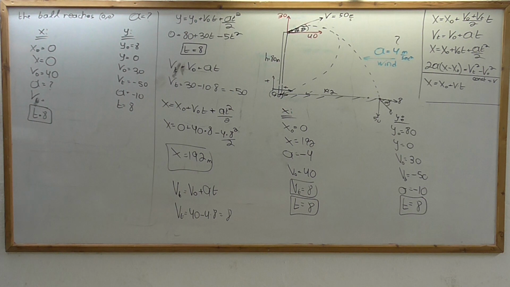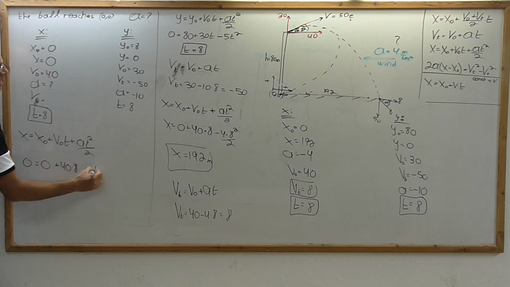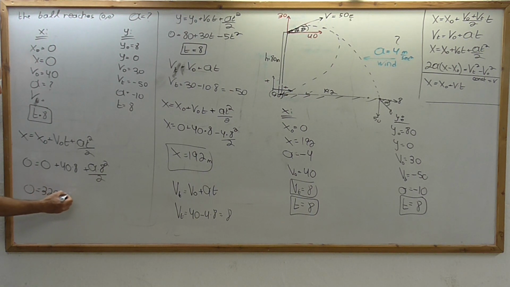Let's place it in the equation. I think this one. Okay, so x will be 0 equals 0 plus 40 multiplied by 8 plus a multiplied by 8 squared over 2. Okay? So 0 equals 320 plus a multiplied by 32, I think.